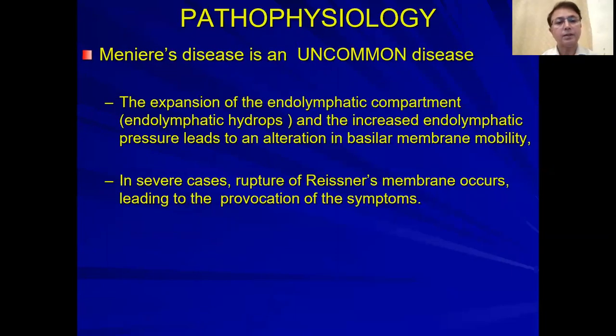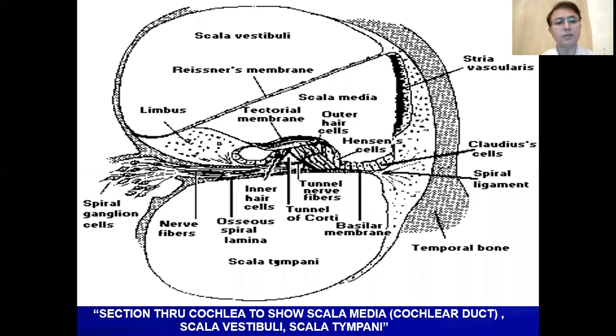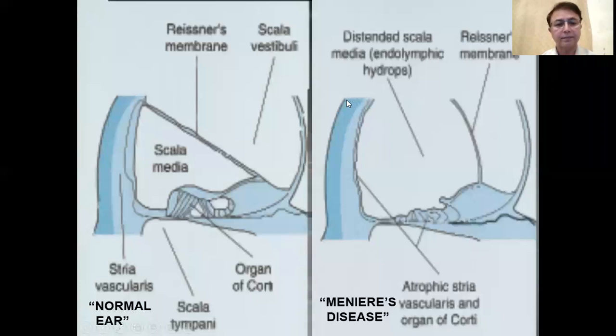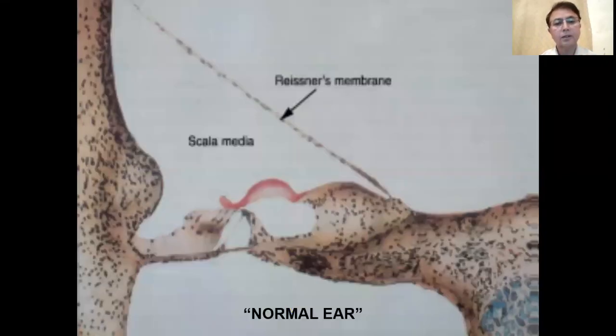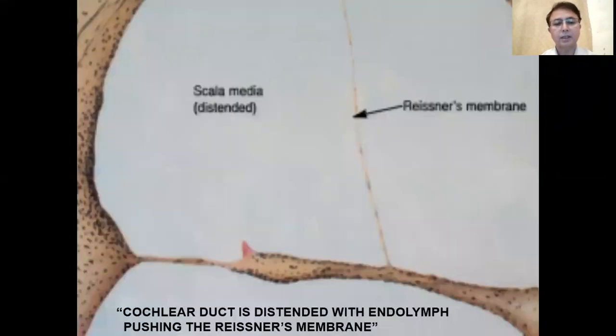Meniere disease is relatively uncommon as compared to benign paroxysmal positional vertigo. The scala media is distended, leading to ruptures in Reissner's membrane. After many episodes, the stria vascularis and the hair cells that perceive hearing are disturbed or atrophied.